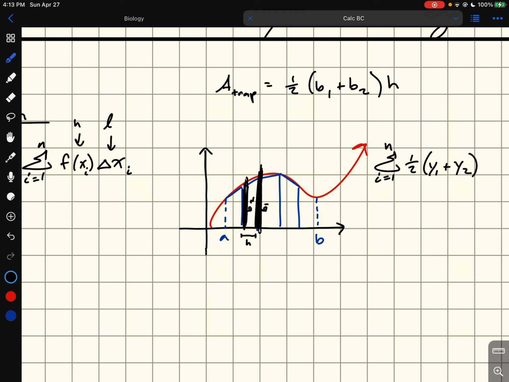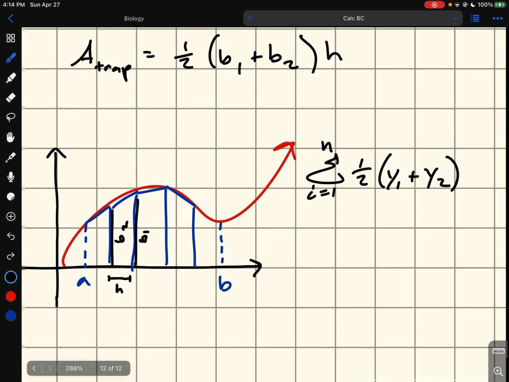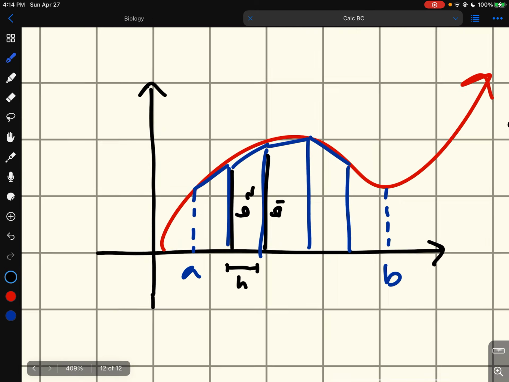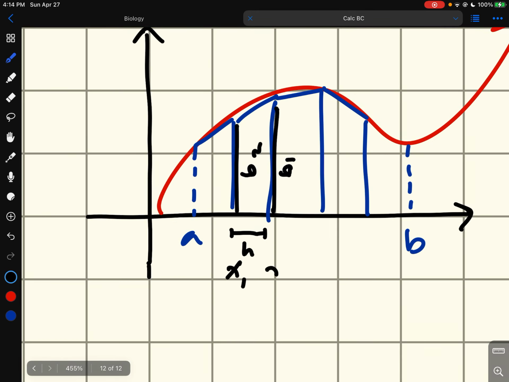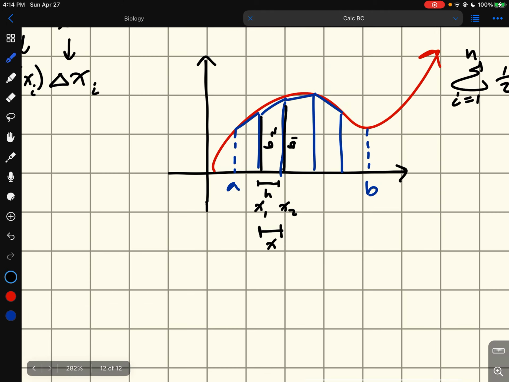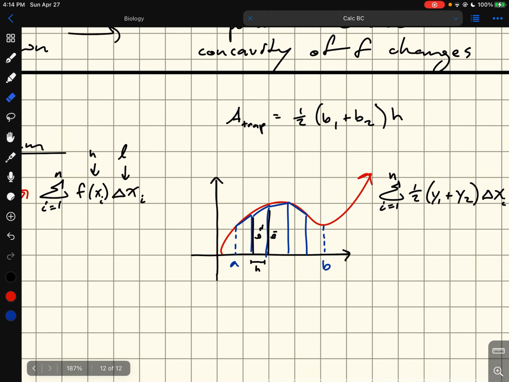You see that? Y values. The heights. And then the height, which is the change in x, once again. This is like x1, this is x2, you subtract them from each other, and you get the distance, delta x, okay? Okay, that's a trapezoidal sum.